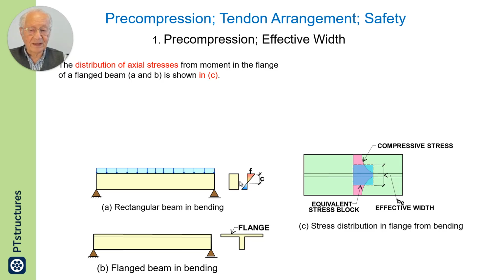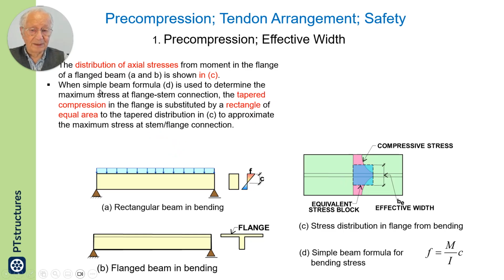There is a bending moment. The distribution of stress in the flange of this beam is as shown in magenta. This is the real distribution. It is higher at the connection of the stem to the flange, and it tapers as shown there.